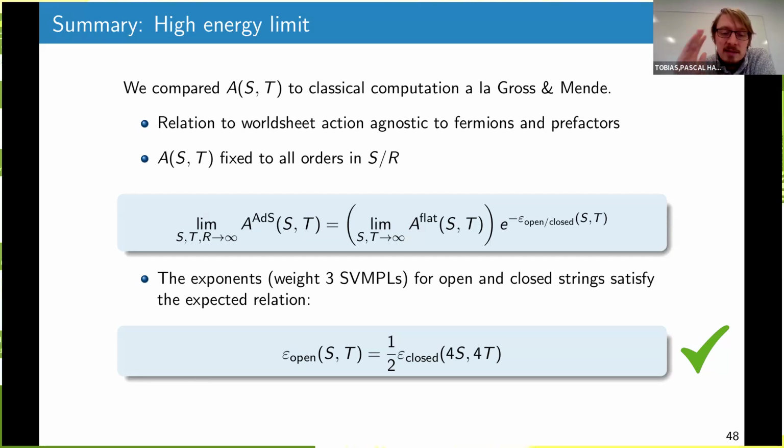And the result here is again the result, but note that now I wrote this exponent as epsilon open or closed, because this formula actually also works for the open string case. And we successfully can also compare to the AdS Veneziano amplitude. And the exponent for open and closed string is related like this, as you would expect from a reflection principle. So this is quite a non-trivial relation because these are weight 3 single-valued multiple polylogs.